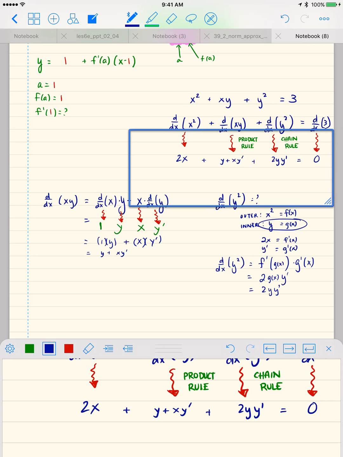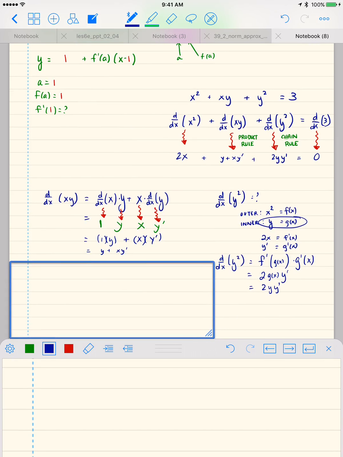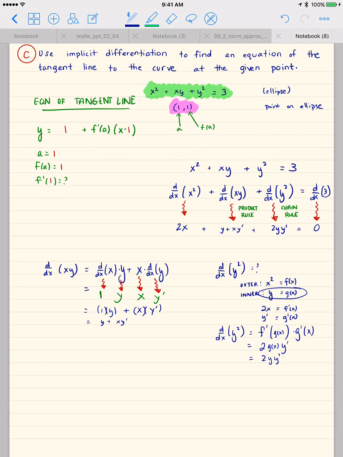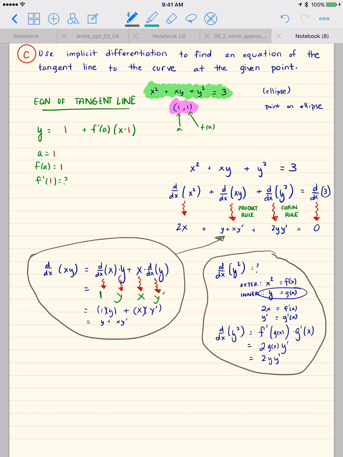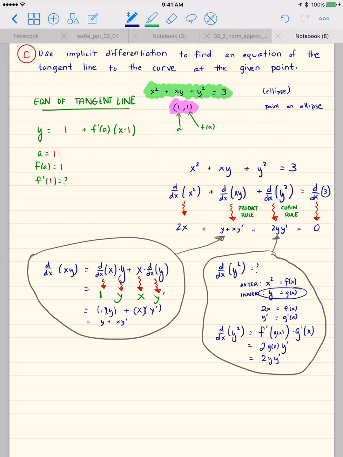Okay. So now, this was a little portion to figure this out. This was a little bit of math we did to figure out this derivative. Okay, so now our official equation is going to be this.